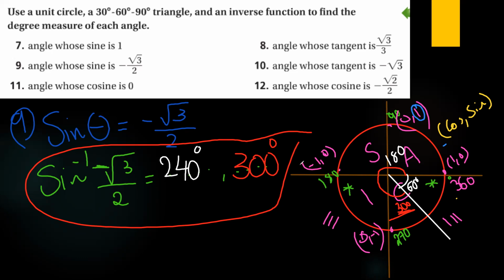If we have the angle 60 and want to find another angle, we can make 360 minus 60. This is to find one of the angles. But the second angle, no. You need to think about it.